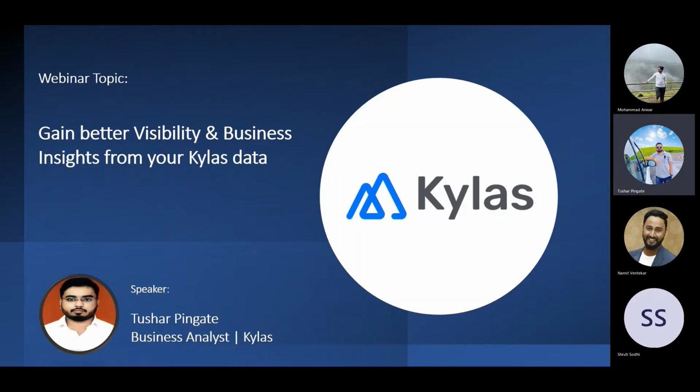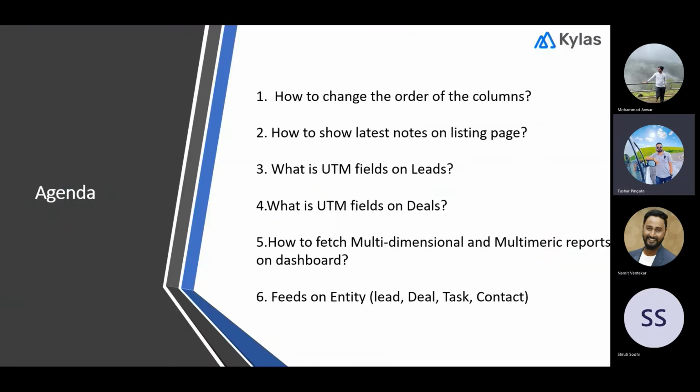Today's webinar is all about how you can get better visibility and business insights from your Kylas data. We will cover how you can change the order of the columns on a listing page, how to show the latest note on a lead listing page, what UTM fields and UTM parameters are for leads and deals and how they will help you get better insight into your source of expenditure.